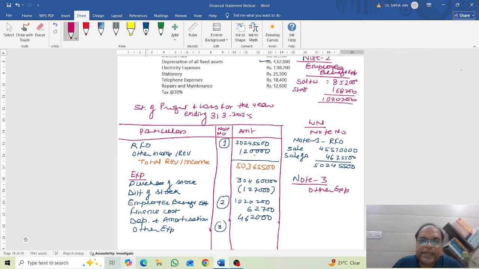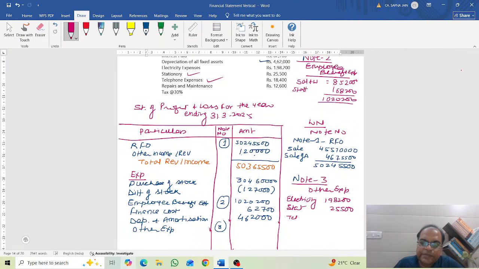So electricity expenses 1,98,200. Stationery, this is 25,500.